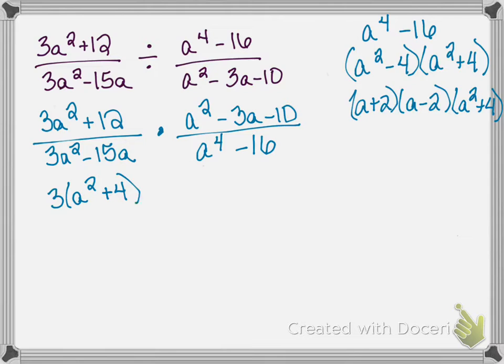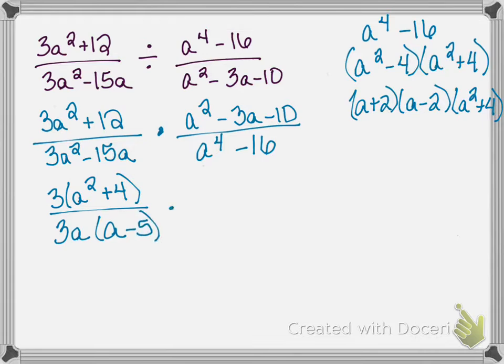Okay, on the first numerator, 3a squared plus 12, the only thing you can pull out of that is a 3. What can I pull out of the bottom? A 3 and an a. So in the bottom I'm left with a minus 5, is that right? Mm-hmm. A minus 5.